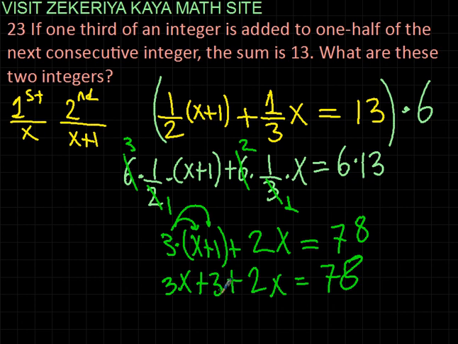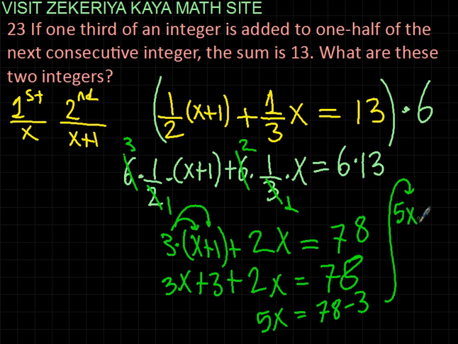Now let's send plus 3 to the other side. It will be 78 minus 3. So on the left side, 3x plus 2x will be 5x. If I continue from here, 5x will be equal to 78 minus 3, which makes 75. So 1x is 75 over 5.